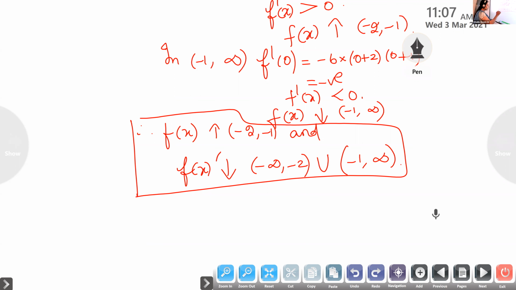Don't write the arrow mark. You have to write in wordings. Okay, write in wordings, decreasing, increasing. Is it okay?